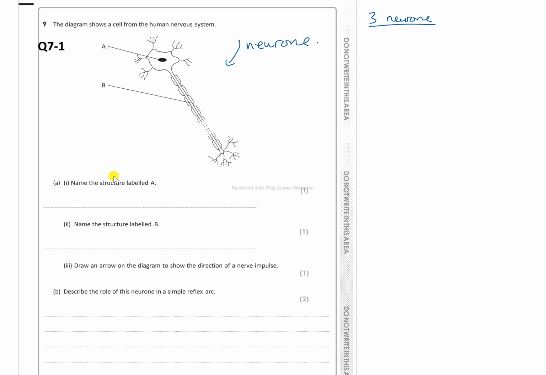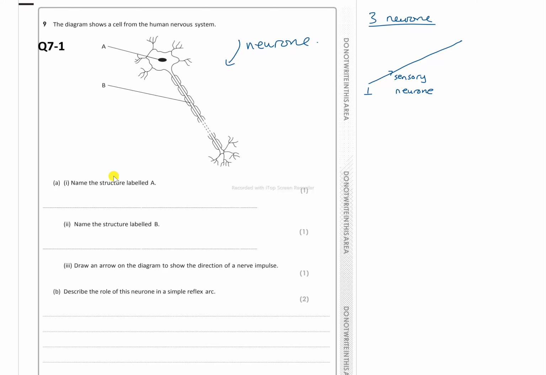Remember that's the pinprick, the one that sends an impulse to the central nervous system is called the sensory neuron.